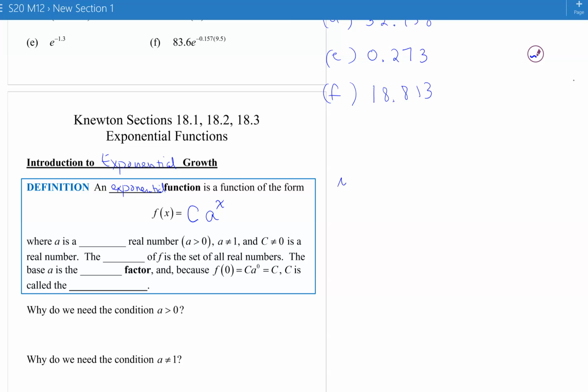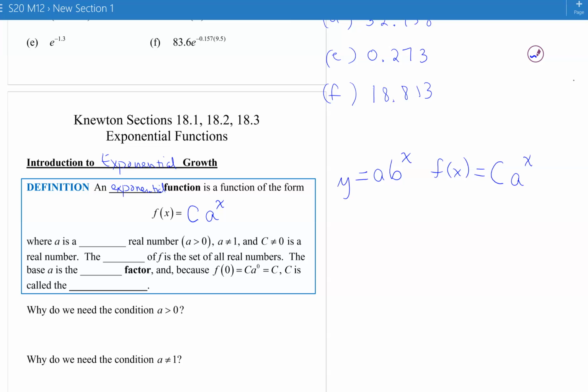So you'll also see this written in different ways, like a b to the x. As long as you have a constant and a base and the exponent on the base is the variable, they really are the same, they're just using different letters.